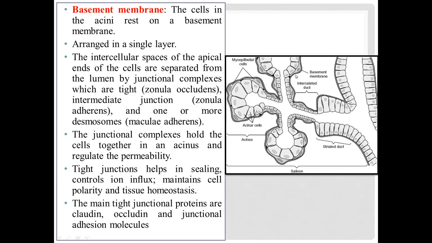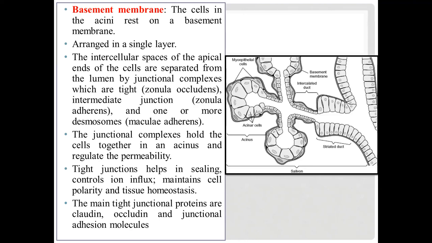And we can see that the intercellular spaces at the apical end of the cells are separated from the lumen by certain types of junctional complexes. These can be tight junctions, called the zonula occludens, intermediate junctions, called the zonula adherens, and the last type, the desmosomes, called the macula adherens.